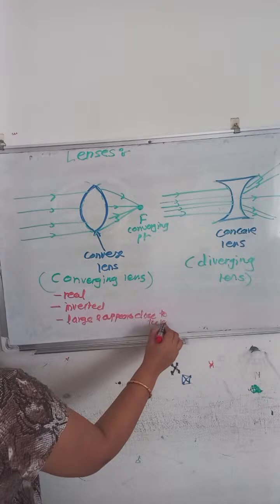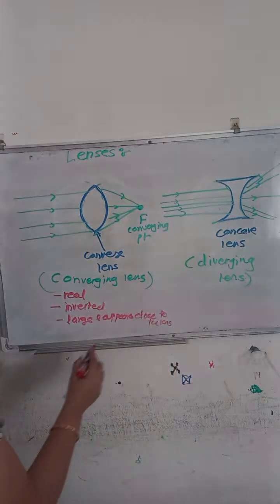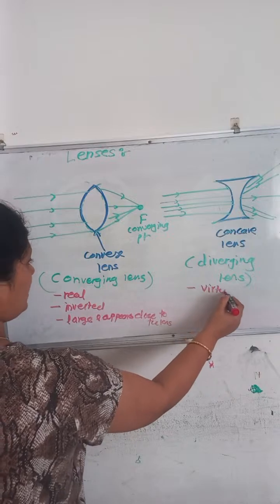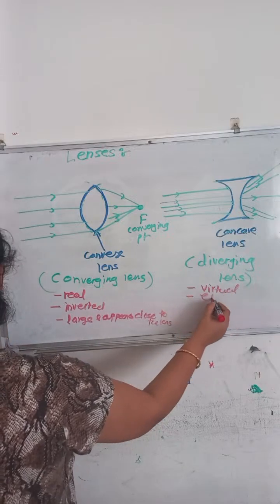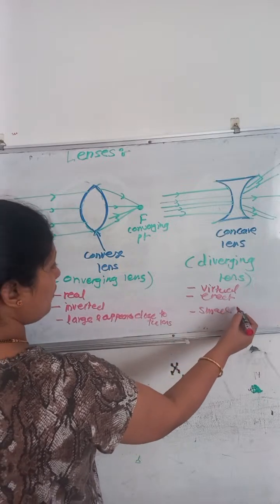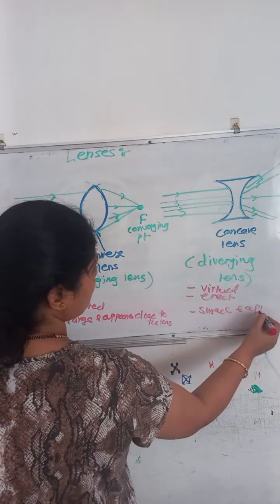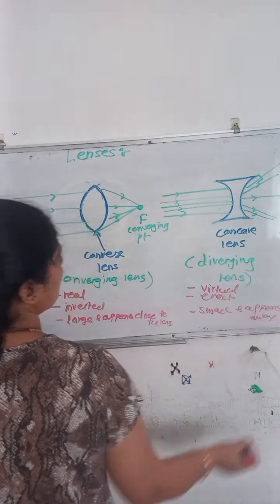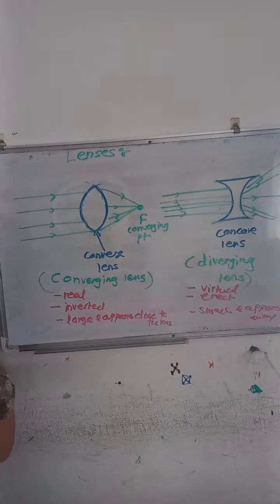In the case of the diverging lens, it forms a virtual image, erect, and small in size, and it appears away from the lens.